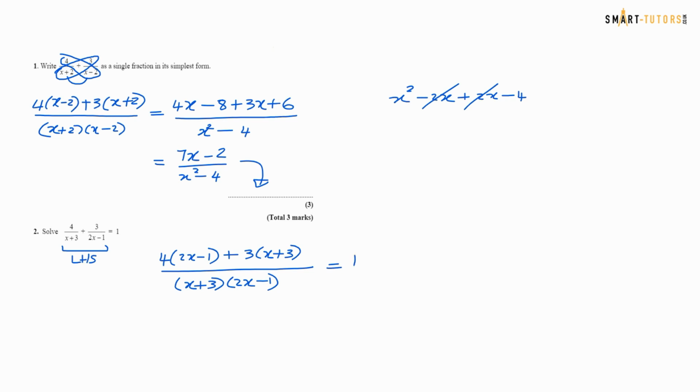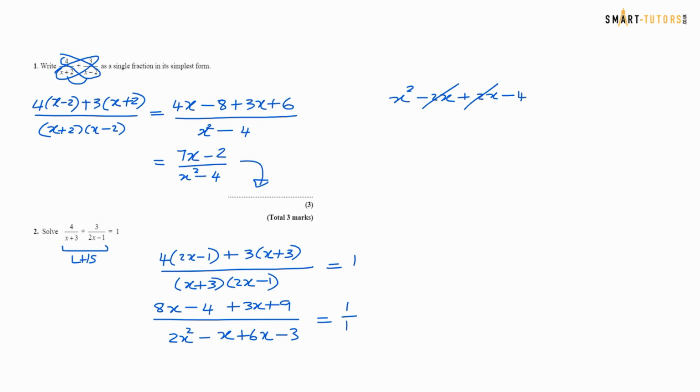I'm going to expand the brackets. So 8x minus 4 plus 3x plus 9. I'm going to expand the denominator also. So 2x squared minus x plus 6x minus 3 equals 1.